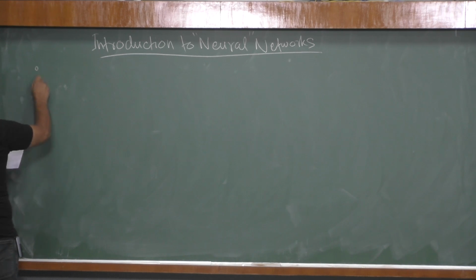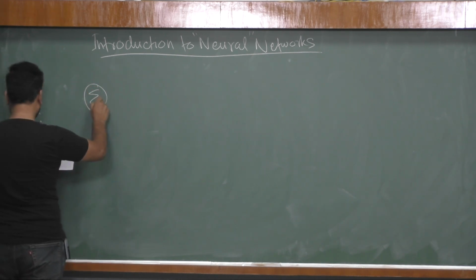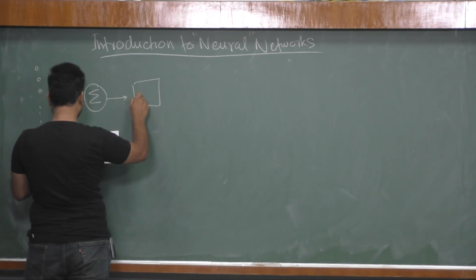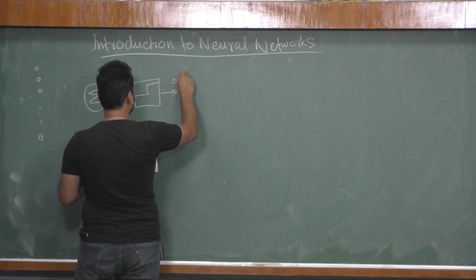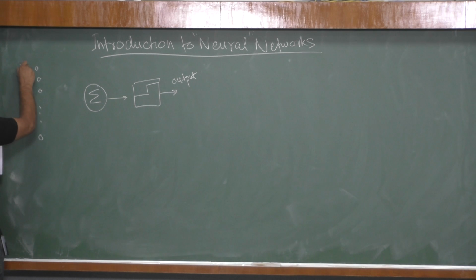So I have these inputs, and then I have some operations, and then I have some way to check the threshold of the output, and then I have the final output. So these are the inputs, so we can number these inputs as x1, x2, x3 and xn.